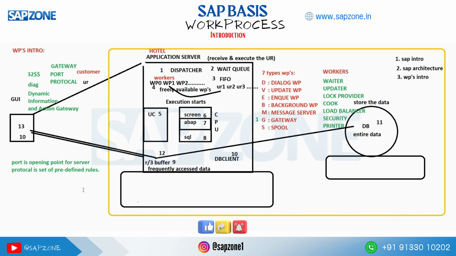But good try. Who is the second? Any try? Message server. Updater. No. After you are eating something, updater will update the system. Load balance. Exactly. Message server. MS. Yes, sir. Load balancer.